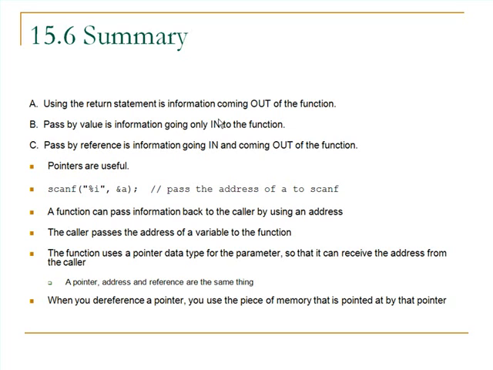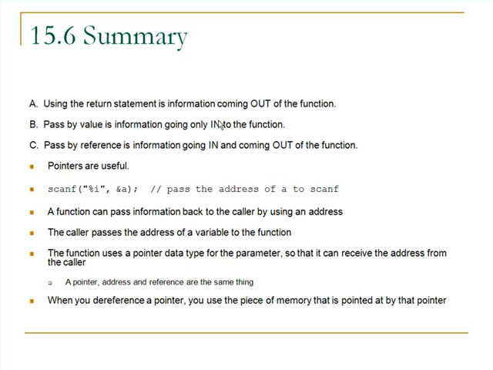In this segment, we looked at how to pass variables by value, which is what we've been doing up until now. You have information going into the function only. And if it's in only, that means that the function cannot change the value that's being passed in.